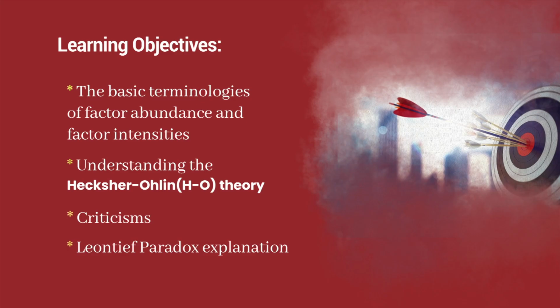The terms factor abundance and factor intensities are very important to understand the Heckscher theory. Then it will be followed by an understanding of the Heckscher theory, followed by the discussion on the criticisms, and we will end this lecture with a reflection on the Leontief paradox.